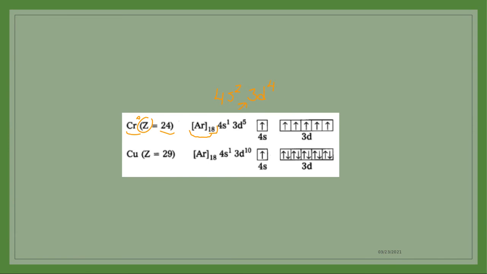They don't write it like that, because if the last shell has only half-filled orbitals, that is so stable. So stable, and we call it spherical symmetry. It is so stable because it will be like that.